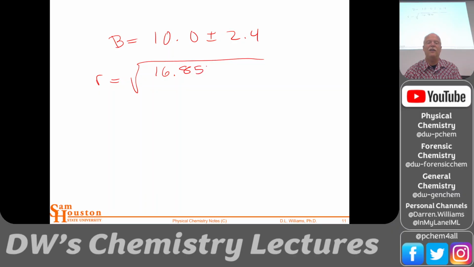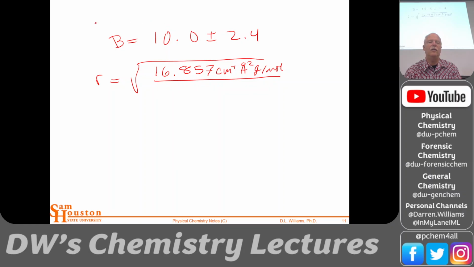Okay, let's just go to 857. That was in wave numbers, angstrom squared, grams per mole. Then in the denominator we had the reduced mass.